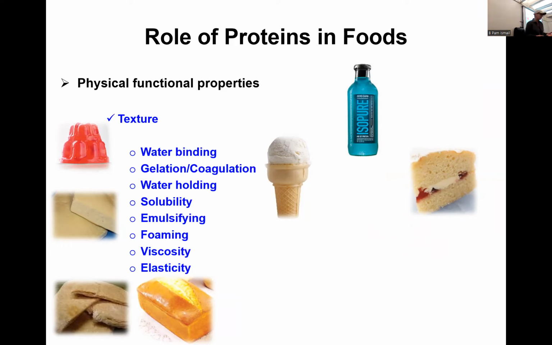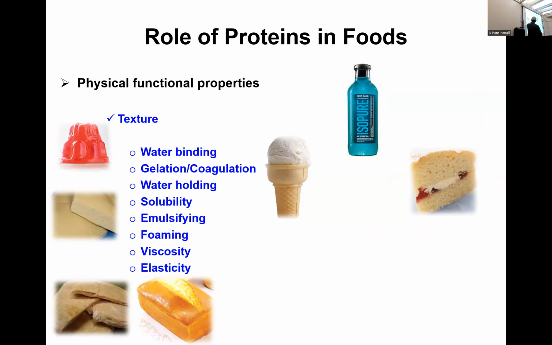It's like, don't do this. Water binding has to do with the amount of water that the protein molecules bind via hydrogen bonding and polar interaction, whereas water holding is entrapment of the water in a gel matrix.